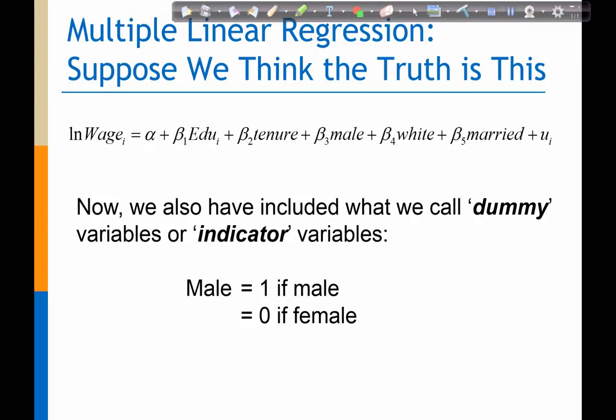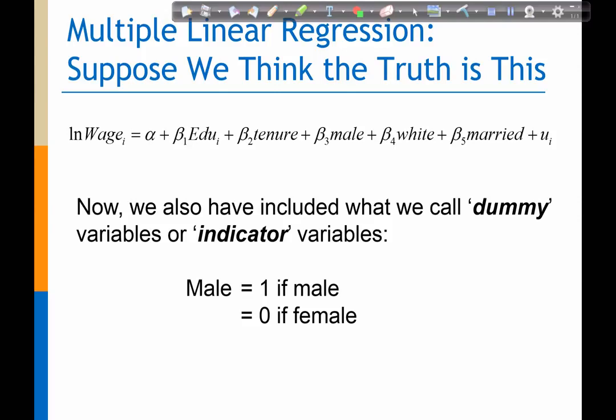So here we also have a log wage model, but instead of including just education, I've included a bunch of other variables that might also affect wages. So I have tenure, which is years of tenure on the current job, and then I have male, white, and married. And these are called dummy or indicator variables because they capture information that is not quantitative.